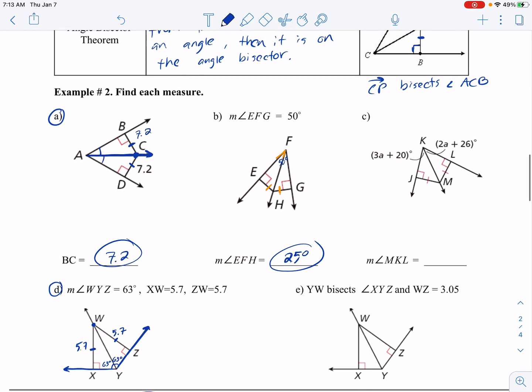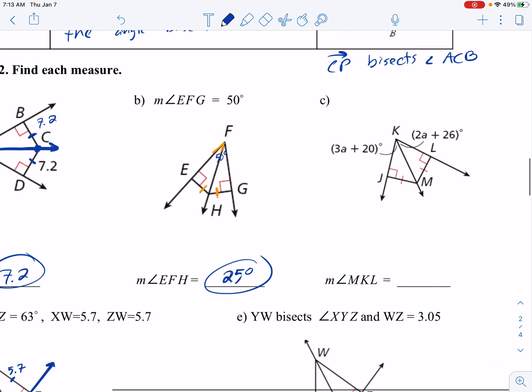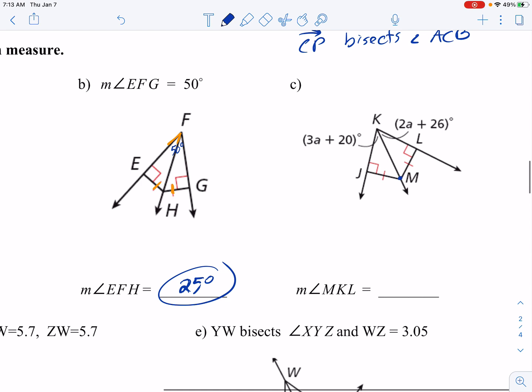All right. For C, M is the same distance to the two sides again. That's what these congruent markings mean. The 90-degree angle means it's the same direct route to each side. So then these two angles will be congruent because KM is bisecting angle JKL.